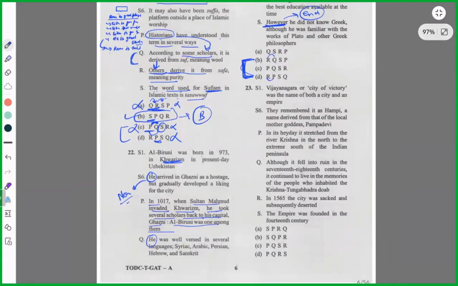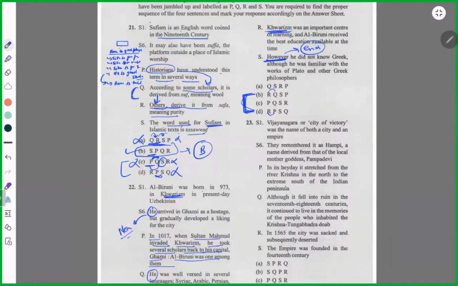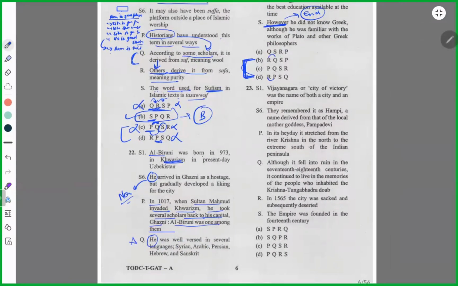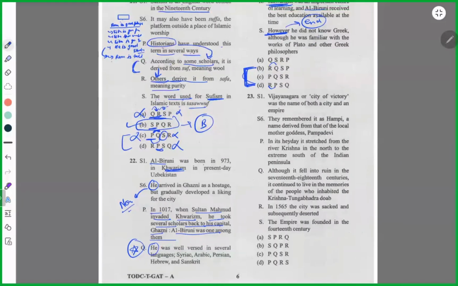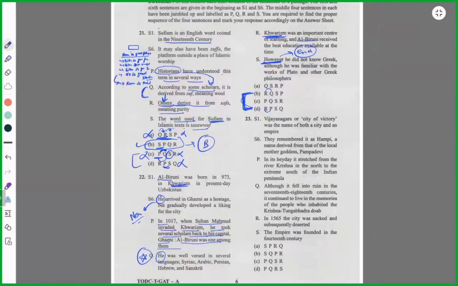Now RQ. After R comes Q: he was well versed in several languages. Again Al-Biruni, then there is a pronoun. This could be the pronoun for Al-Biruni. Very important: it is the pronoun of Al-Biruni only. Why am I telling you? Because it is written there: he got the best education.